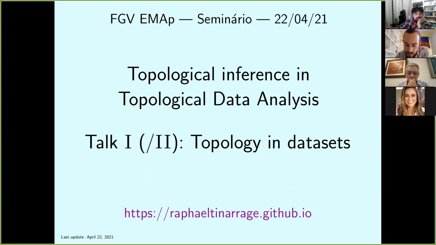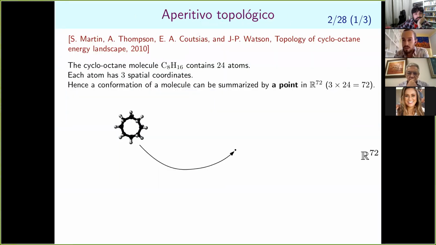And I'd like to start first with my favorite data set that should give you an idea of what's going on in this theory. This is something from 12 years ago. These authors studied the cyclooctane molecule.